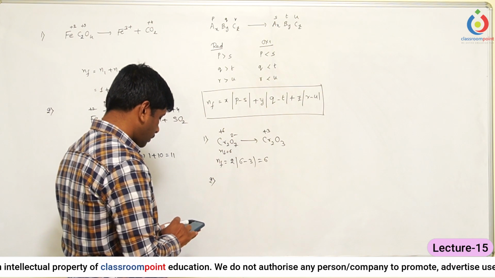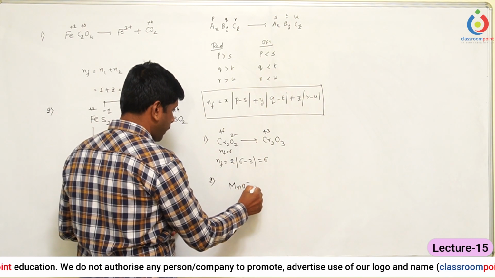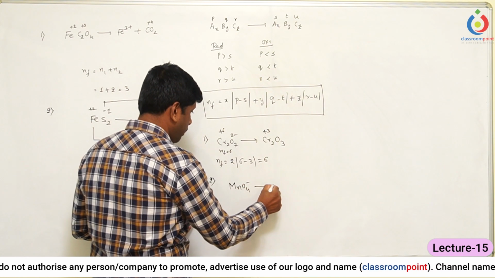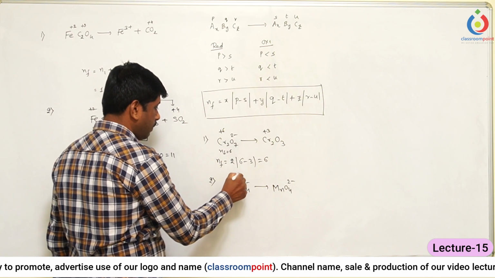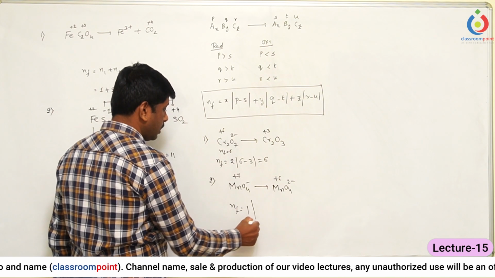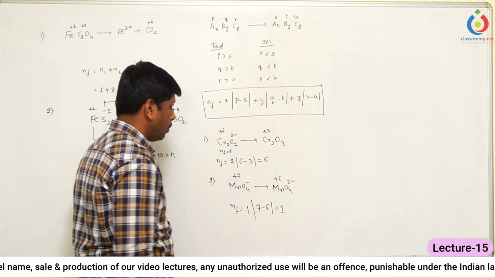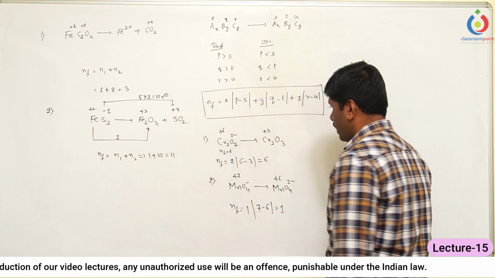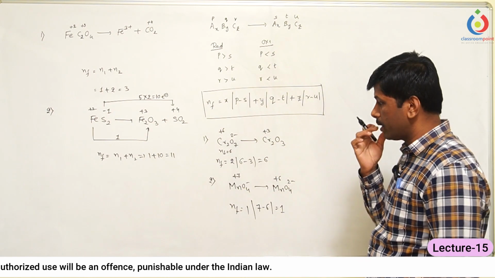Next one. MnO4 minus changes to MnO4 2 minus. Here +7, here +6. So n factor value equals 1 manganese into 7 minus 6, that value is equal to 1. So here we are calculating the n factor values only in terms of the reactant, not in terms of the product.